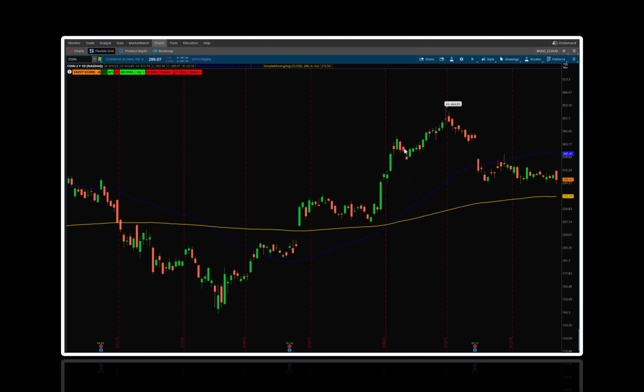So let's go back a little bit farther in this chart of Coin and look for some more price patterns and how we can form a better thesis of when we should get into these stocks, when it looks like this is a bullish pattern that's working, and where some of these bullish patterns start to fail.